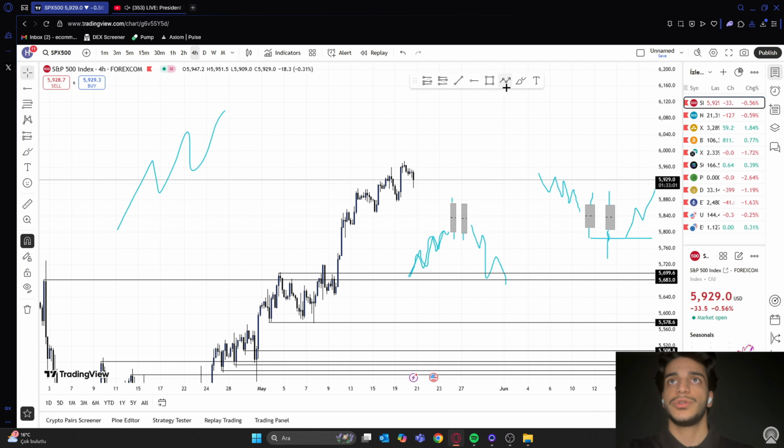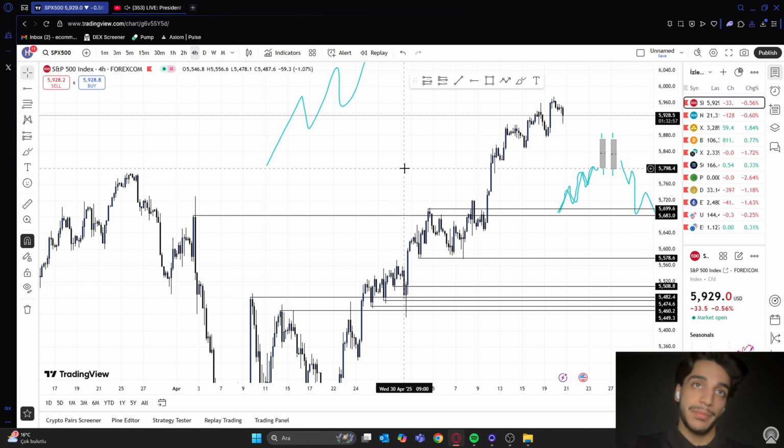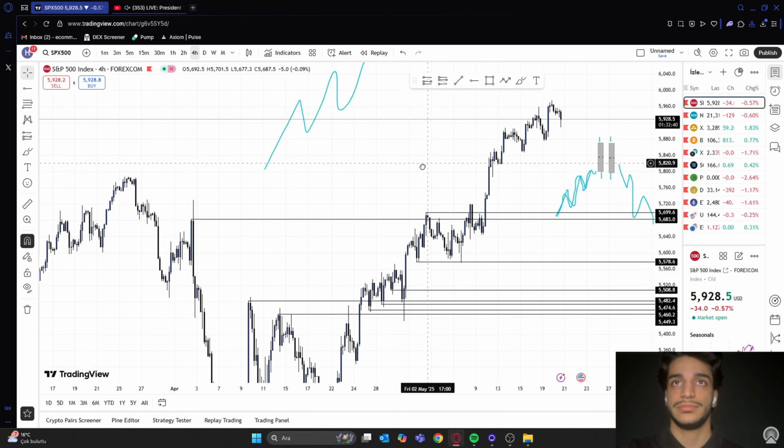I believe you guys understand the liquidity sweep. It's very simple, and I'm definitely gonna make more videos about how to take trades with liquidity sweeps by using fair value gaps and order blocks. I'm gonna make a video, just follow me.